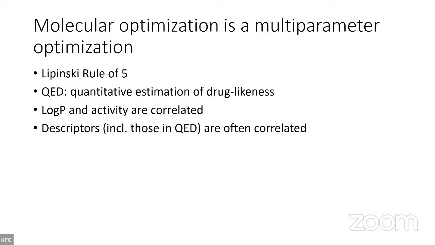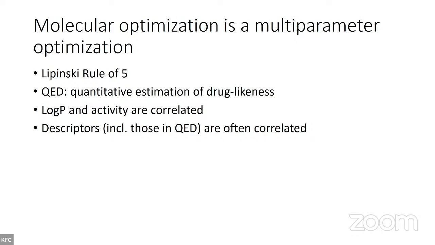Then when we are doing multi-parameter optimization, often the things we are optimizing are correlated, and not necessarily positively. But one example of a positive correlation is that as we make our molecule more lipophilic, in general, our activity will increase. But this activity increase is a false increase.